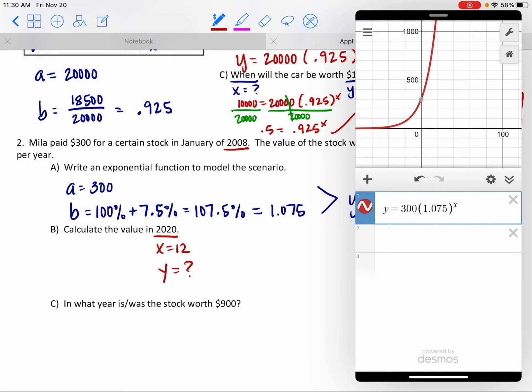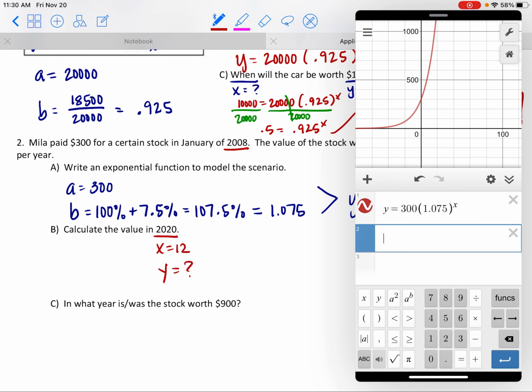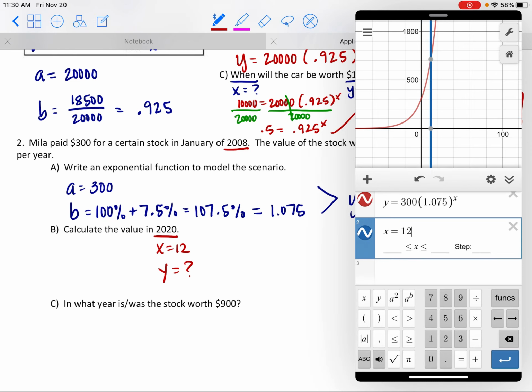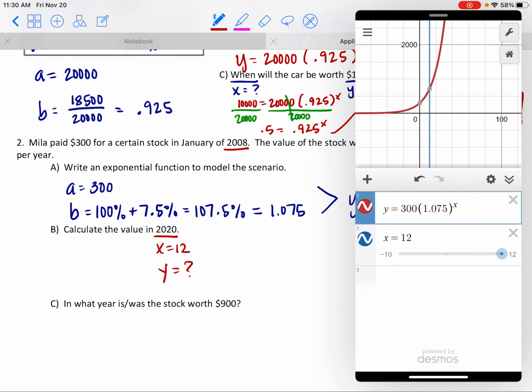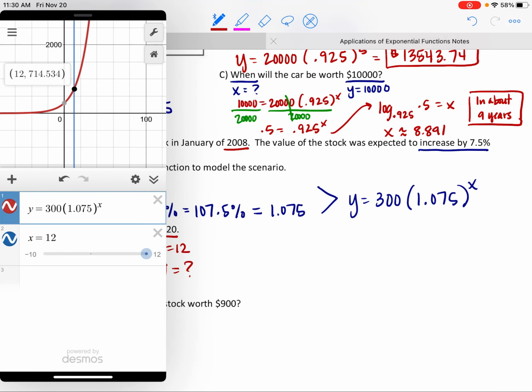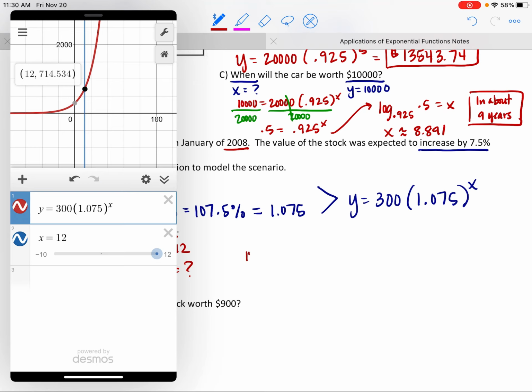Now we want to figure out when x equals 12, what's the y value that corresponds. So I'm going to put x equals 12 in there. It's going to cross my graph, and it'll say that when x is 12, y is going to be 714.53. So the value is going to be approximately $714.53. And that was, again, obtained from the graph.